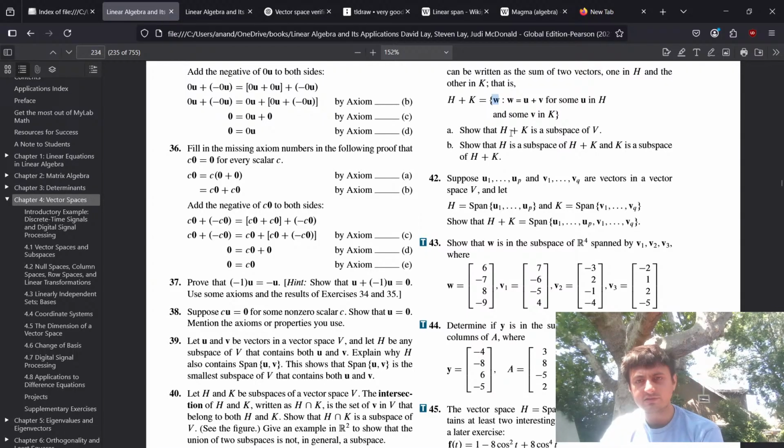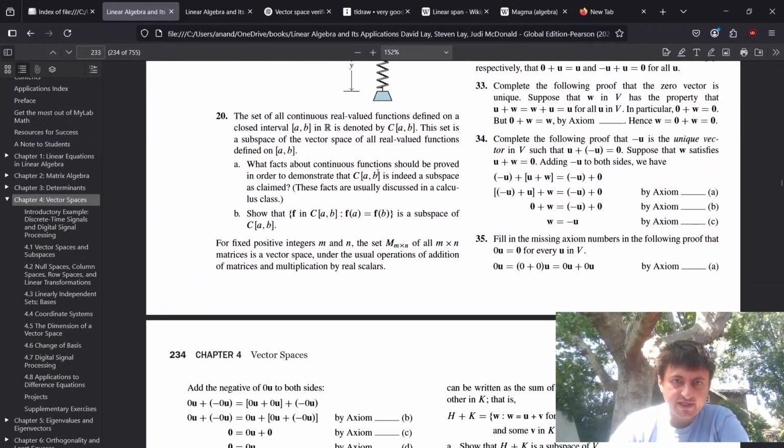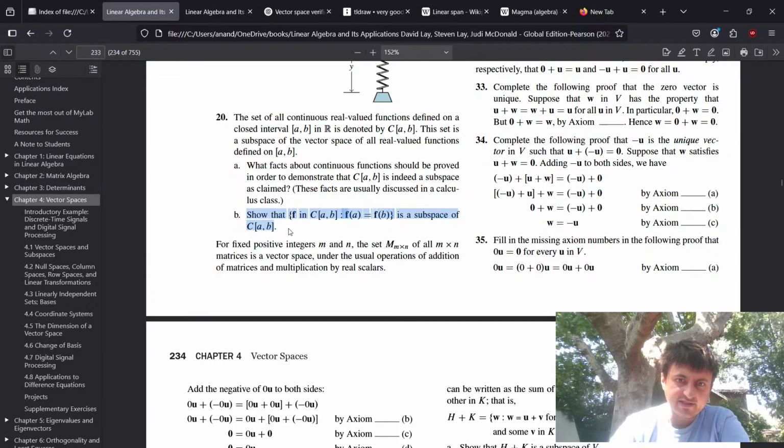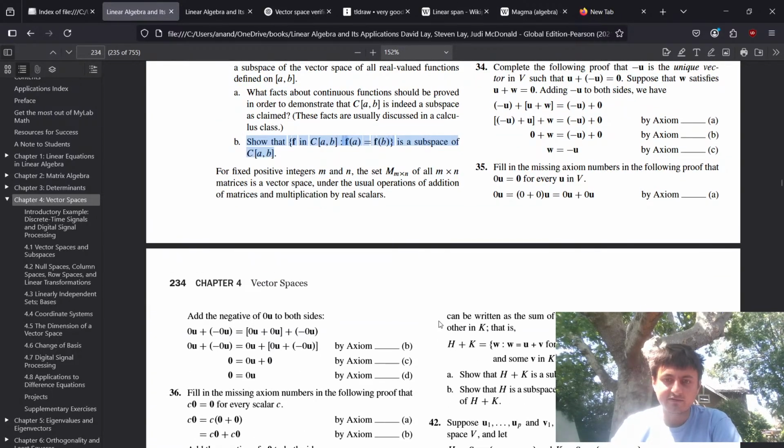The interesting thing, though, to me that I hadn't really considered is how do you, like, there are certain types of vector spaces that you... okay, let's consider that H is this example where it's the subset of continuous functions on [a,b] such that the endpoints are equal. Then we consider K to be... yeah, okay, wait.